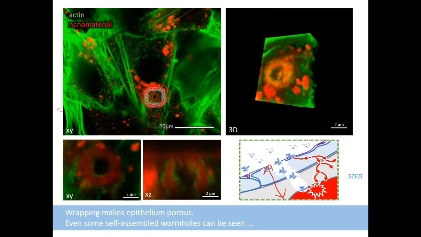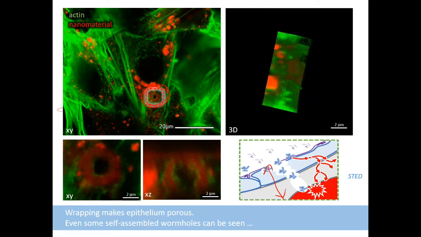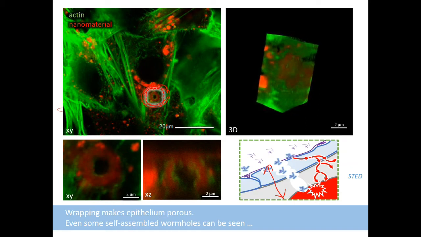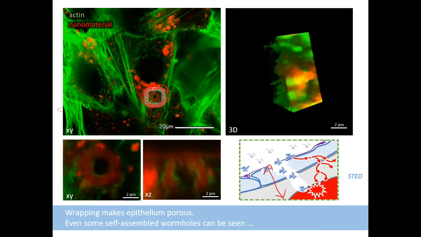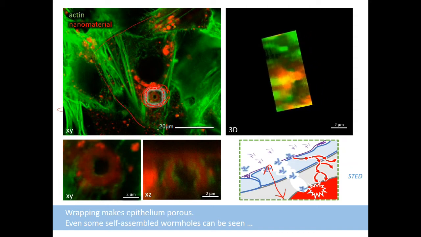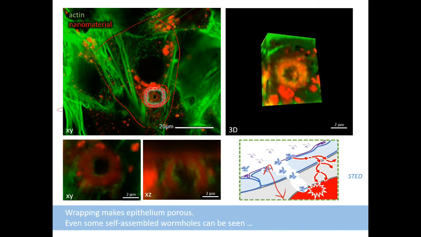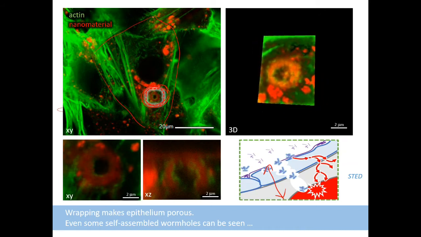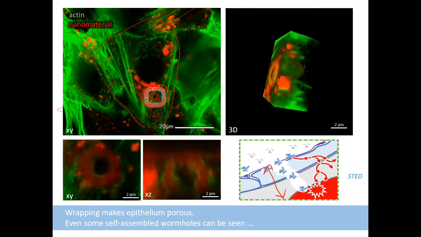You can see this, because this is made from actin and nanomaterial, and the membrane is also involved. You can see that this is a self-assembled structure that creates pores through the cells. This cell, which is here, is still alive. So such tunnels allow material to pass through.